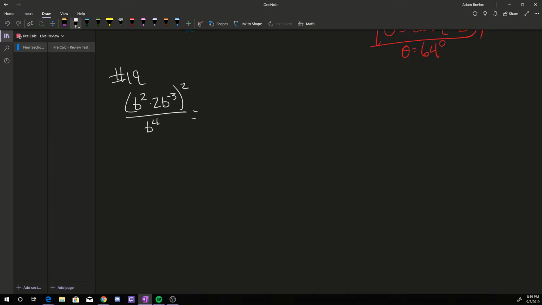So I'm going to simplify everything in parentheses first. So b squared times b to the negative 3. That's b to the 2 plus negative 3. And then there's a 2 in there too, and all of that is to the second power. You can simplify that though to make it less complicated. So that's 2b to the negative 1.